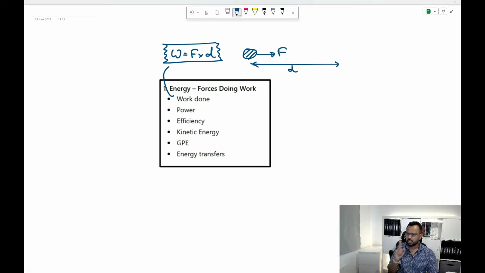But hang on, how does this work with that? Because in moments, it is the force multiplied by the perpendicular distance between the pivot and that, which creates the moment. People can get kind of confused, but please don't do that. So here, this is force multiplied by the distance moved in the direction of the force.